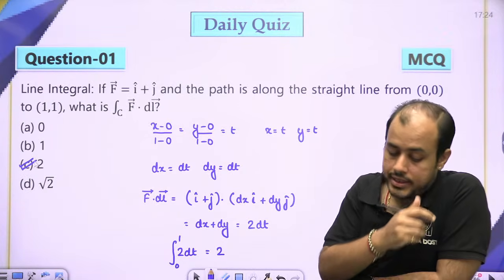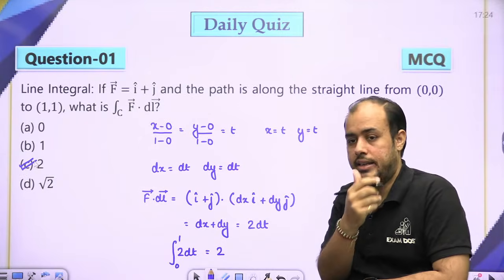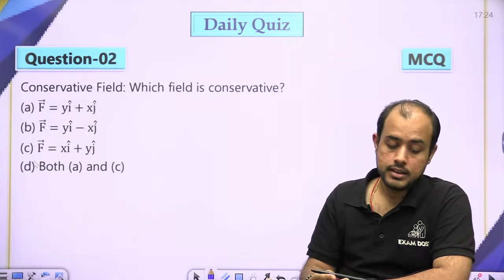So that is how you integrate. Okay, that is how you integrate. Very good Vinay bhai. चलिए next.